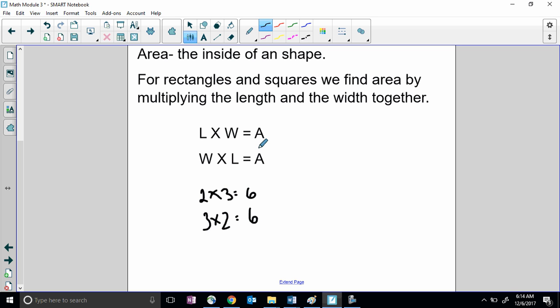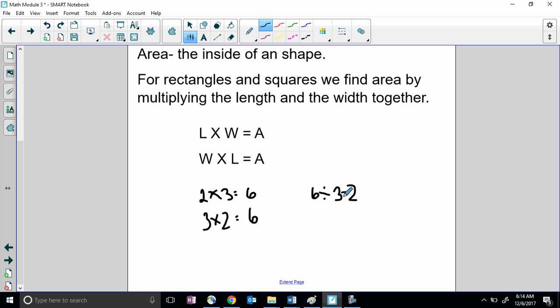Now, if I know those are the same, I wonder if I can do it in reverse, where I have 6 as the beginning. So can I do 6 divided by 3 equals 2? Yeah, because when I split 6 into 3 equal groups, I do get the number 2.